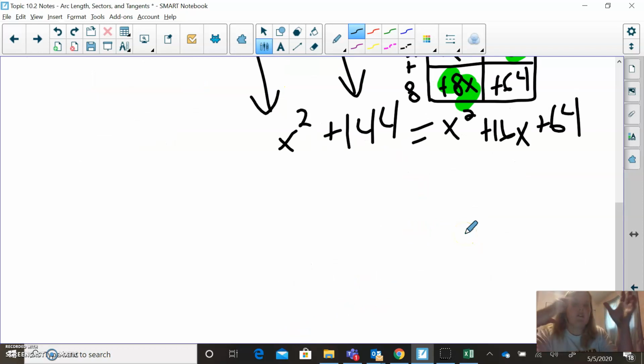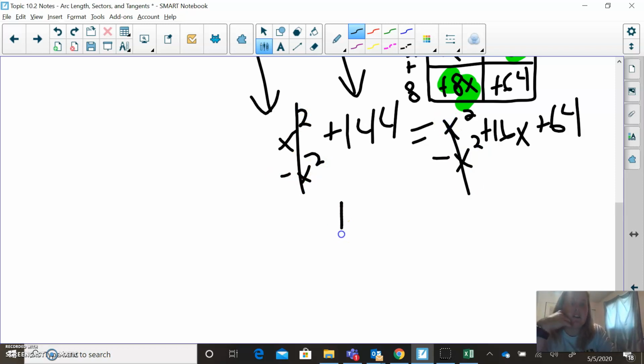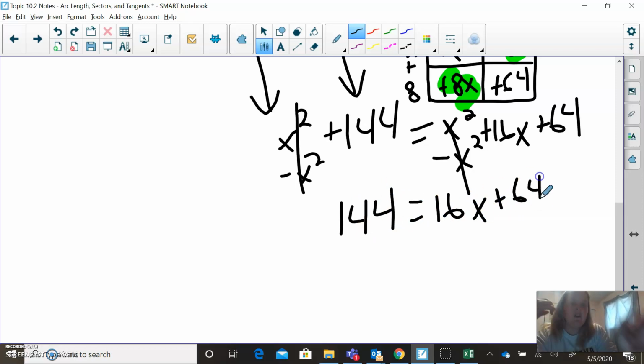Now we need to get x all by itself. So let's subtract x squared. Oh, look, those cancel on both sides. So now we have 144 is equal to 16x plus 64. Like I said, we want to get x all by itself.